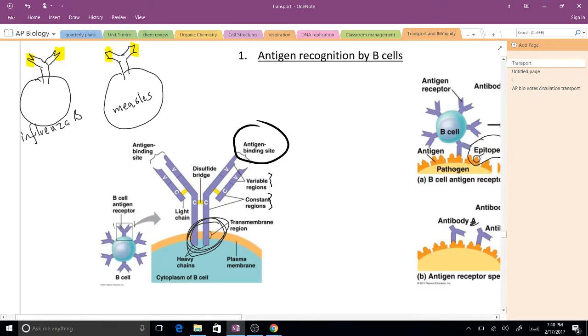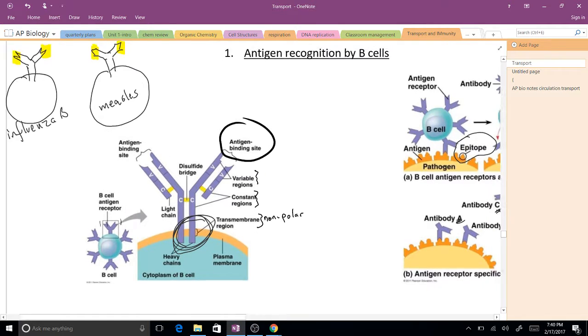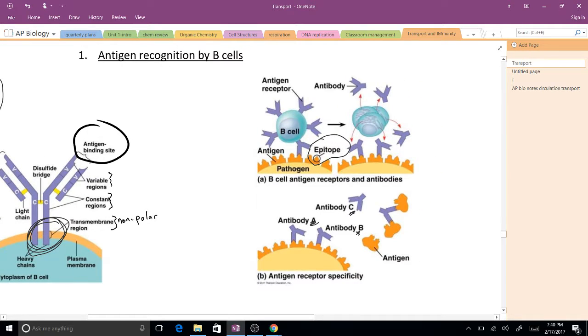The transmembrane region just is a nice connection. Remember, these amino acids must be nonpolar in order to go through those nonpolar tails of the membrane. Now, over here, you can see the fact that the receptor is going to interact with these antigens, and the antigens are found on the pathogen.